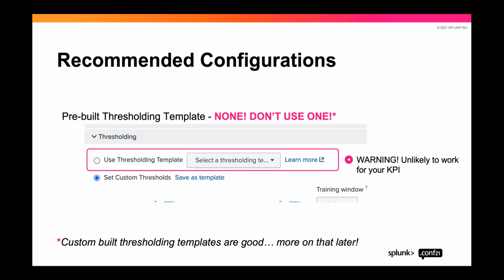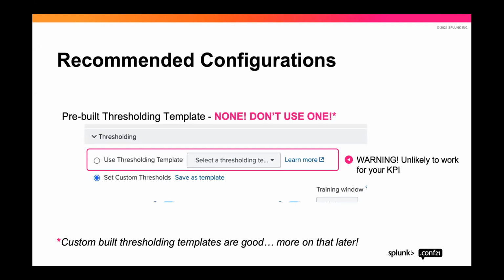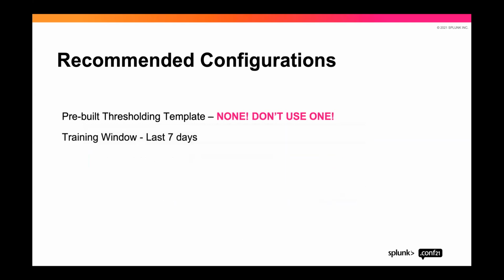If you have KPIs that are common across a number of different services or areas, then threshold templates are good, because you can apply them to the common KPIs in different services. So again, don't use the pre-built thresholds. He's really adamant about it.